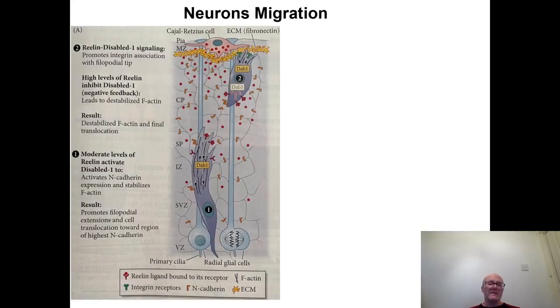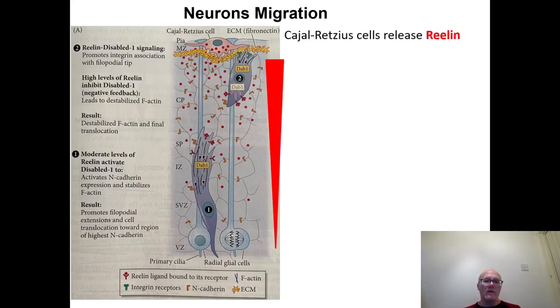But how is it that these neurons travel from this internal part of the developing brain to the external part of the developing brain? Well, one of the main and important signals that permit this movement is reelin.